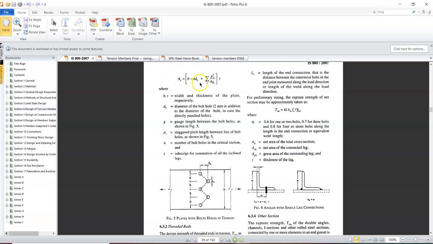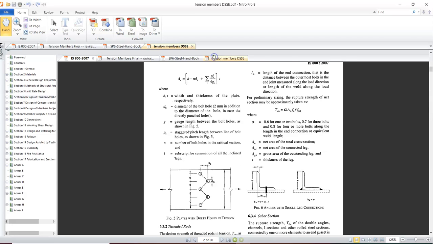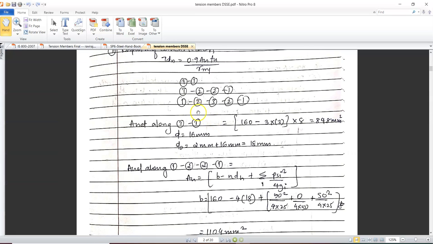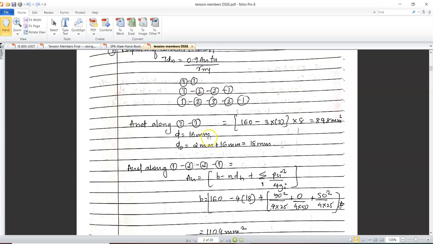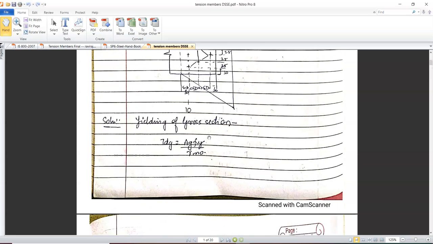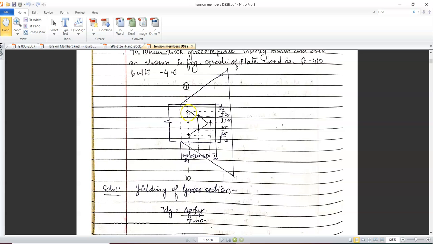Now applying this formula in this case, that is section 1-2-2-1, along this line.